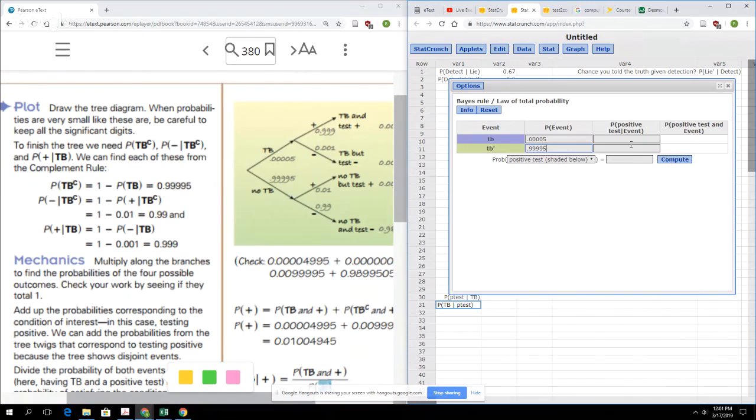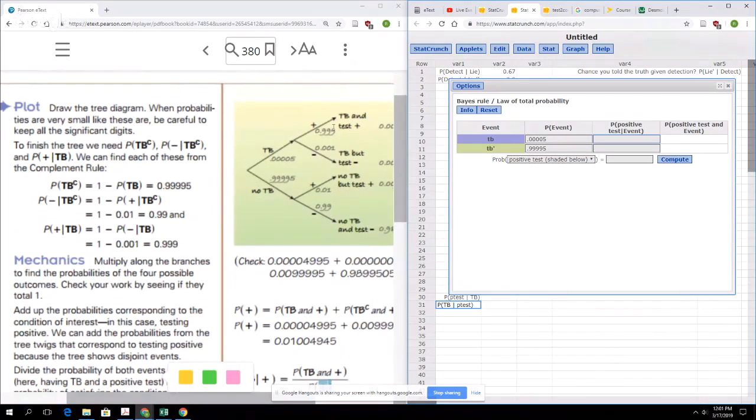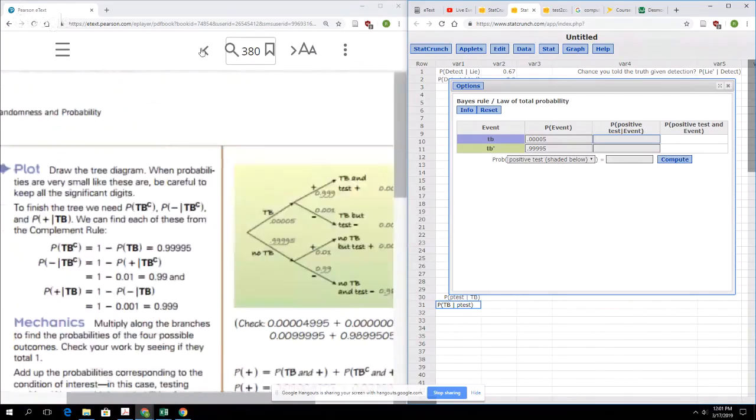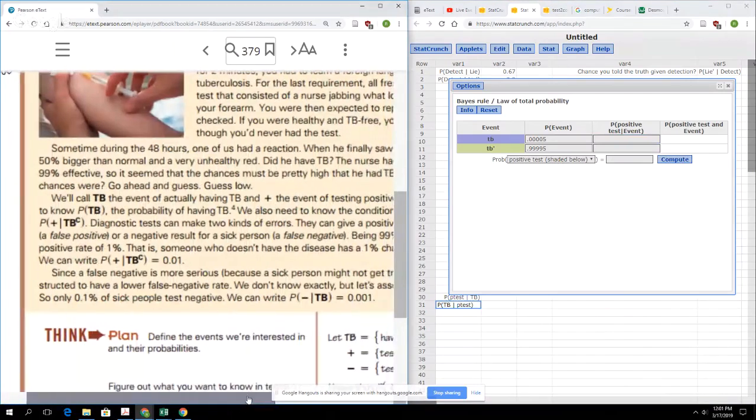Now we've got to be a little careful over here. What's the chance that you had a positive test given that you had TB? I believe that's given for you. I would like to get these straight from the problem.